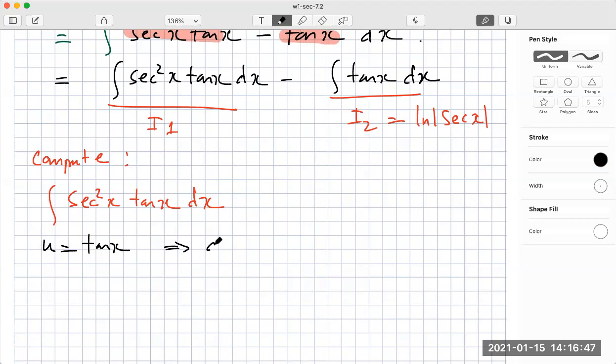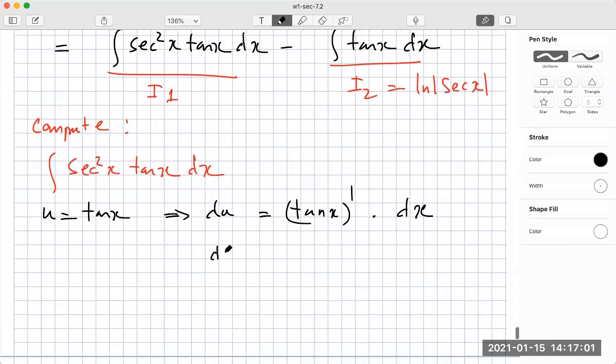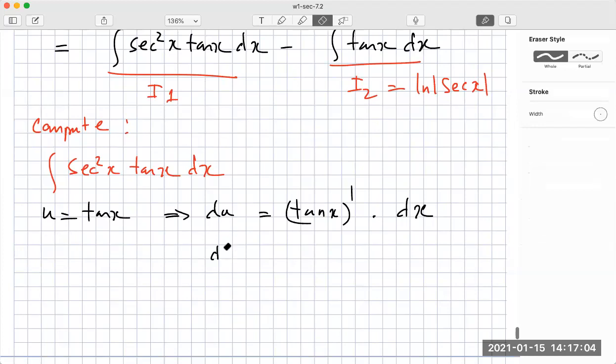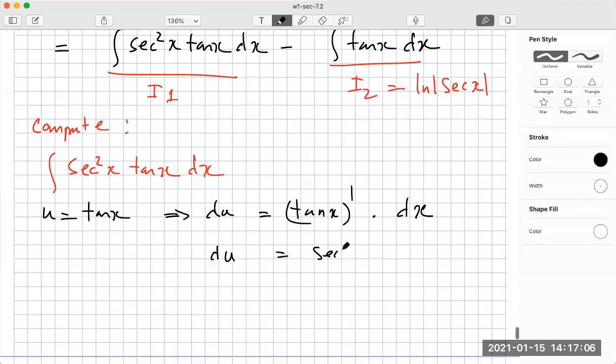Then du will be derivative of tan x times dx, right? Derivative of tan x will be secant squared, right? dx. So therefore, I1 becomes, what is it?